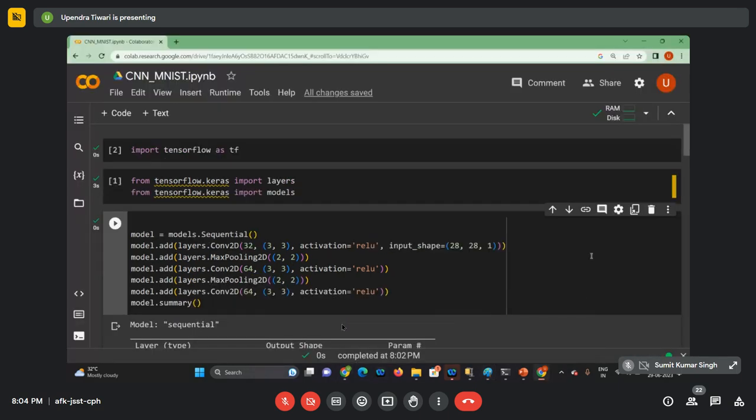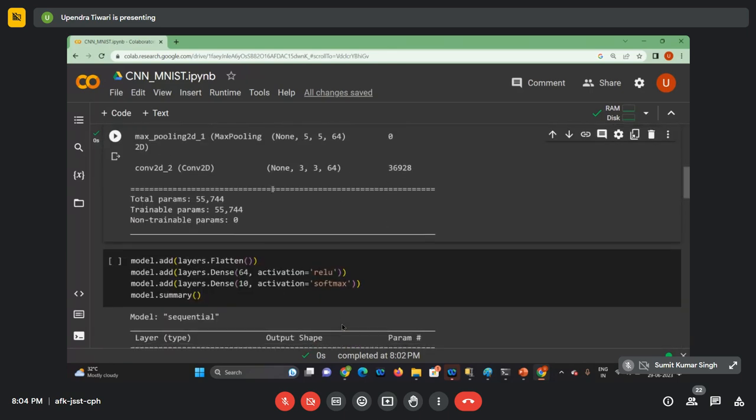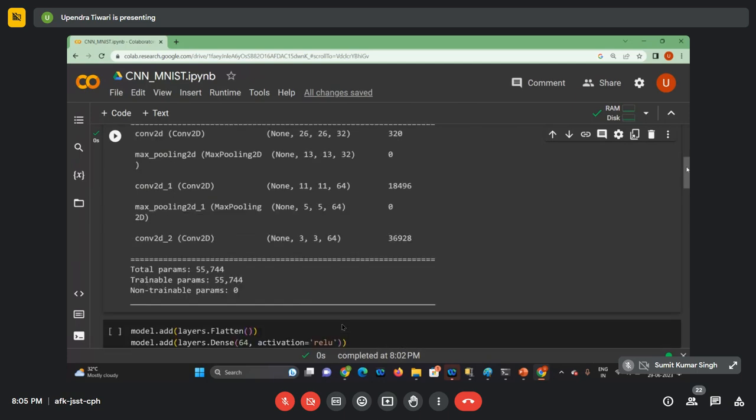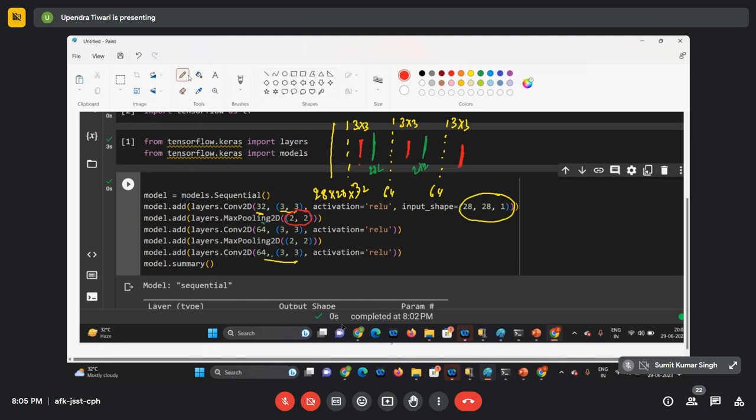Next. Once you have defined the architecture, you have the convolution layer only. And one more thing: when you are using this convolution, initially you got 26, meaning at the x and y you had one subtraction. The filter size of each is 3 by 3, but 3 by 3 is 9.